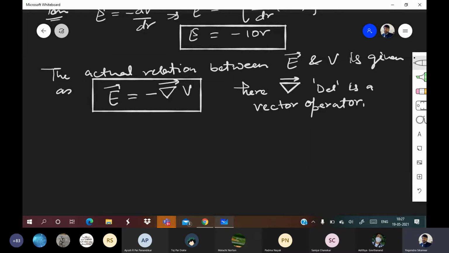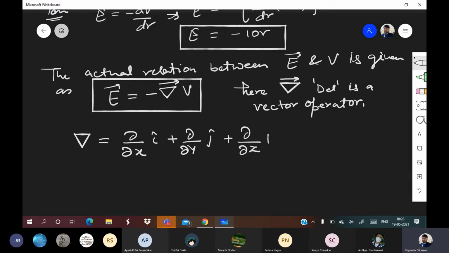So what exactly is this del? Pay attention. Del is basically dou by dou x i cap plus dou by dou y j cap plus dou by dou z k cap. This is the value of del, or del vector.